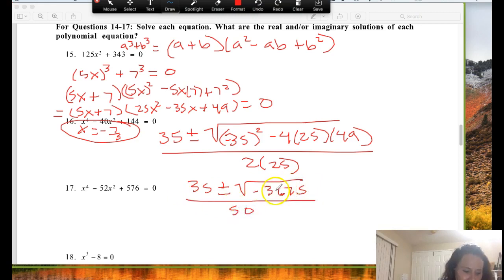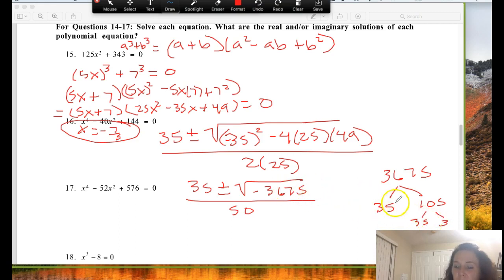Now, can I pull anything out of the root? Are there any big perfect squares that divide evenly into this? Well, 35, there is. 3675 breaks down into 35 times 105, and 105 is 35 times 3. So it has 35 as a perfect square in there.